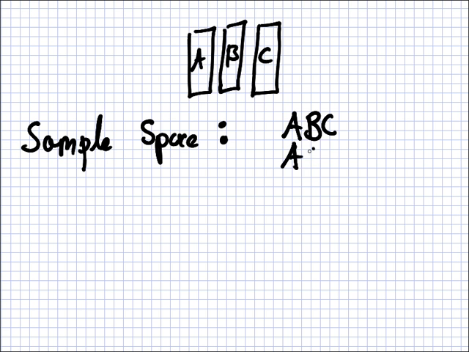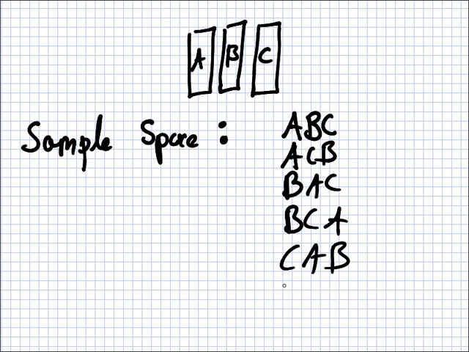The next one is ACB, BAC, BCA, CAB, and CBA. There's 6 possibilities. They sometimes ask you to write out the sample space in the exam, but often what's most important is calculating this answer, that you had 6 possibilities.